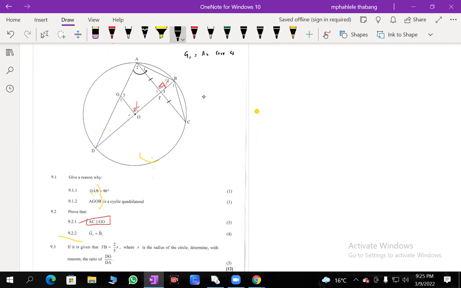The ray F3 is common. B1 is going to B2 again. B1 equals B2, I understand, but A2 equals B1, subtended by the same chord DC.